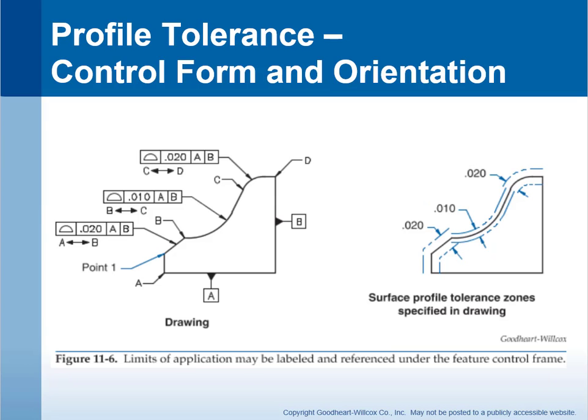Now this one controls orientation as well. Okay, so what we have here is, when you're sitting on datum A and datum B, then it defines where these surfaces are. So we're going to control the location, the orientation and the form with this one.